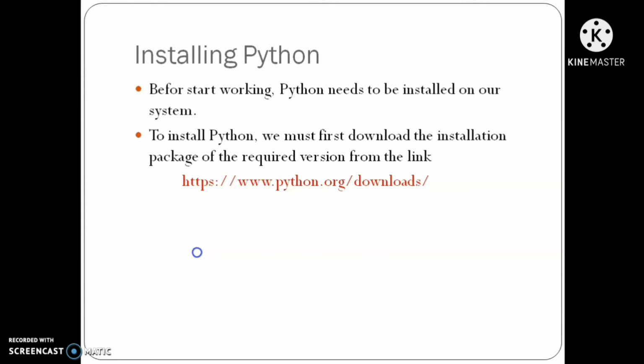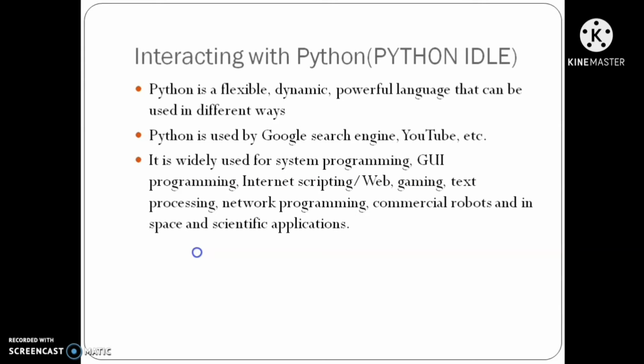Then how can we interact with Python? Python is a flexible, dynamic, powerful language that can be used in different ways. It can be used interactively, simply to test a code or a statement line by line while exploring its interface.